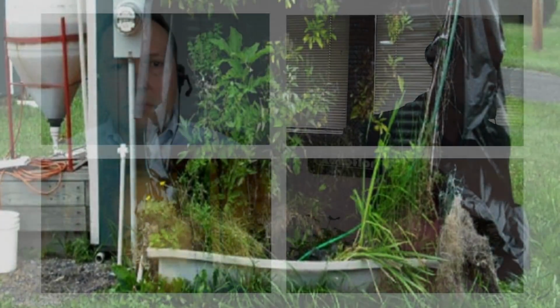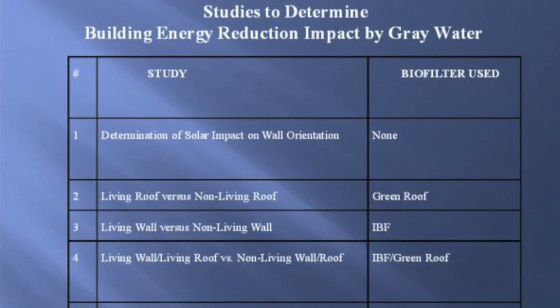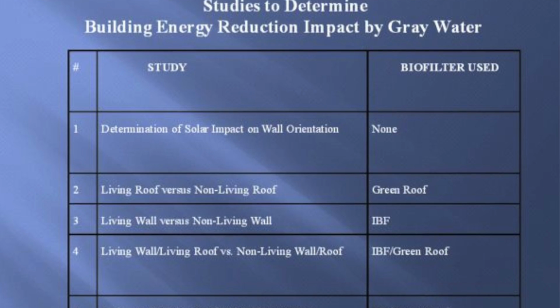So the optimum impact to a building is on the south side. And this, of course, is important when you look at various studies, where they're located from a latitude standpoint, and then where they place, whether it's a living wall, the green roof, etc., on the building's orientation.